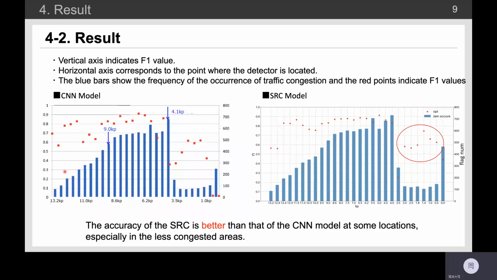The left side is a result of the CNN model, and the right side is a result of the SRC model. The important point here is the area circled in red. This shows that the accuracy of SRC is better than that of the CNN model in several locations, especially in the less congested areas.